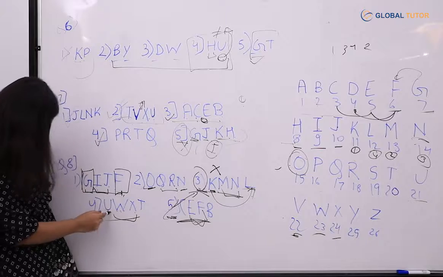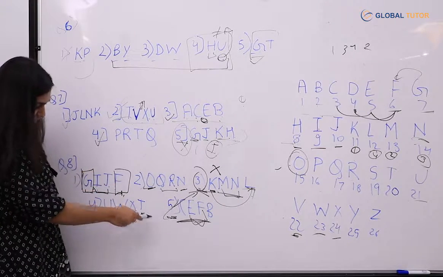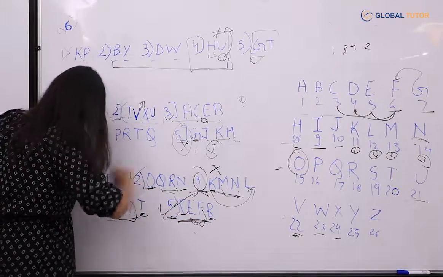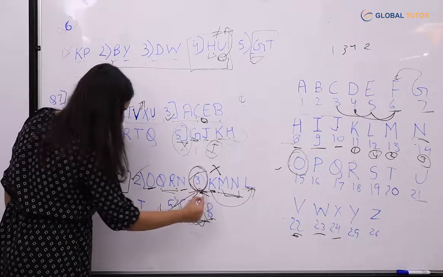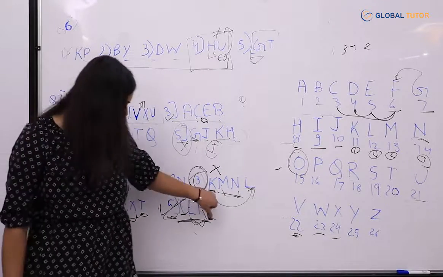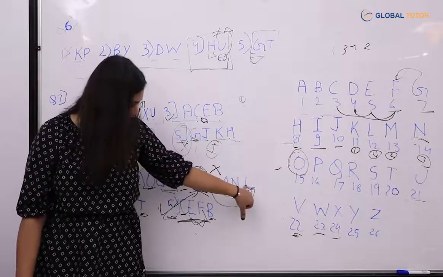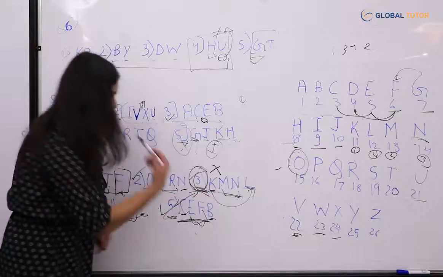Let's check the others. U and T: T comes after U. Then you've got C, and B comes after C. So for all these we have established the pattern, and for this particular group, where K is the first element and L is the last element and L comes after K, you get the odd one out.